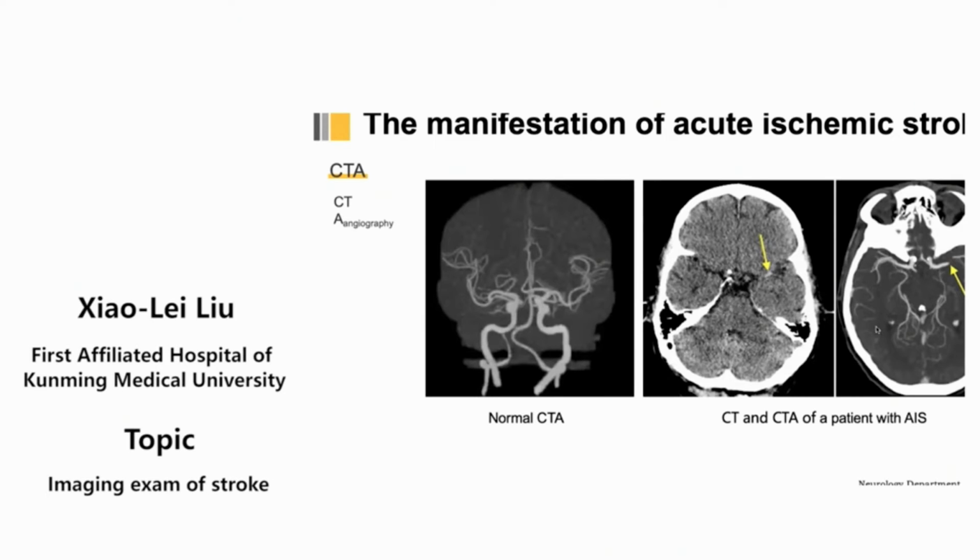By contrast, the CTA on the right side showed that the MCA is blocked here, and through the CT scan here, we can also find in this patient there is a clot, the MCA hyperdensity.